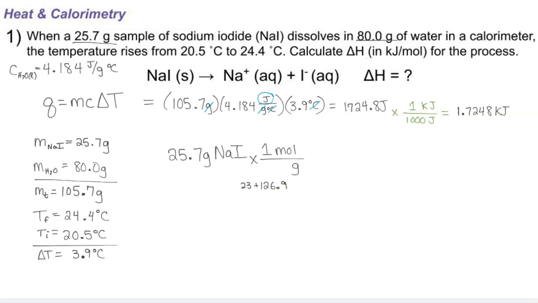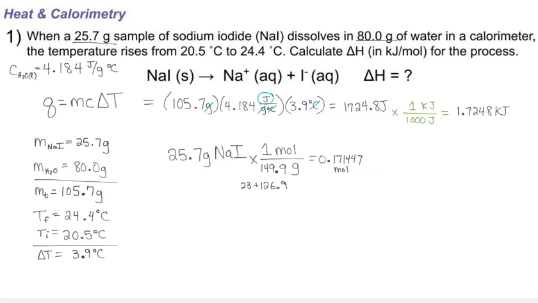So that gives me 149.9 grams per mole. So if I do 25.7 divided by 149.9, that gives me 0.1714476.